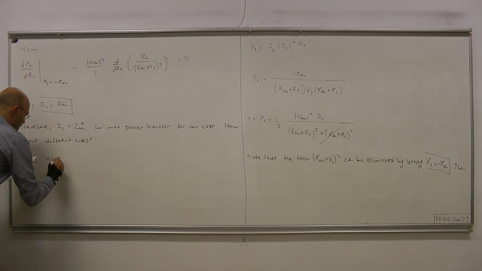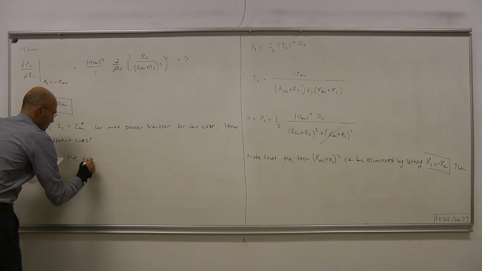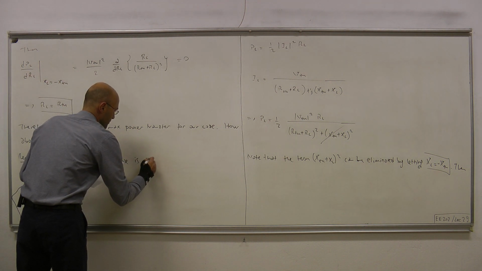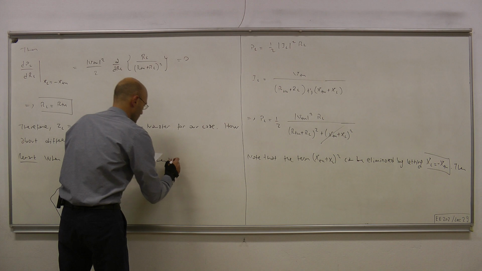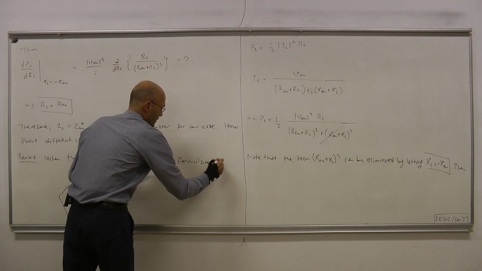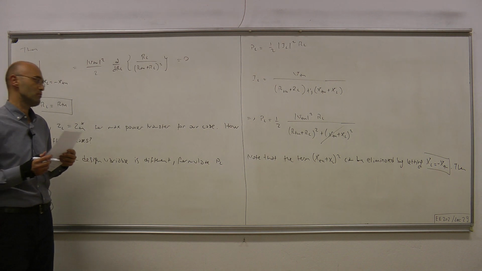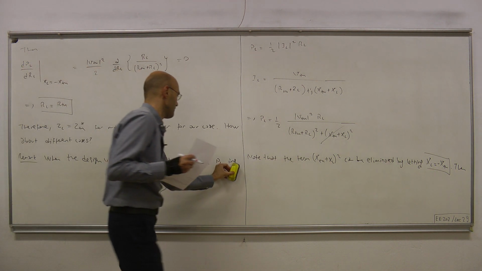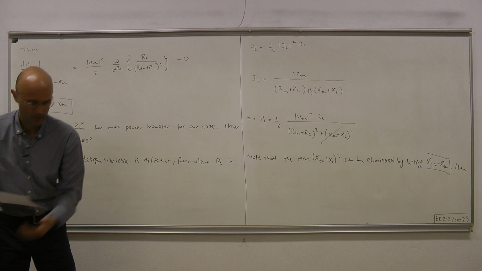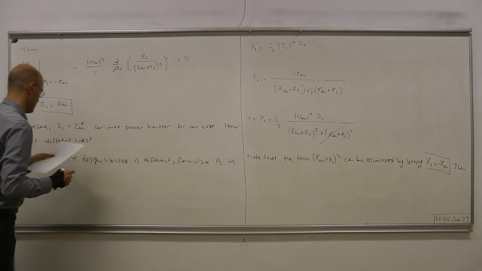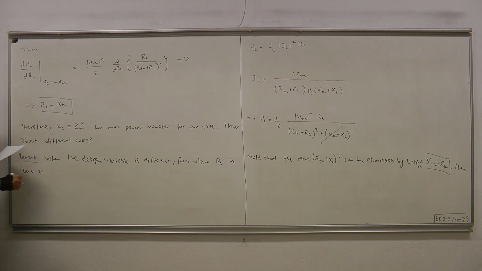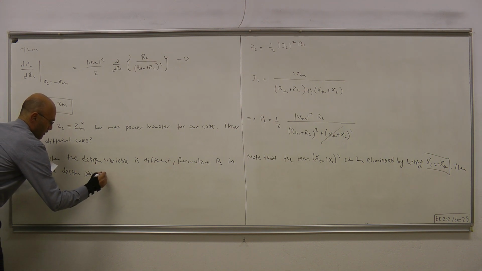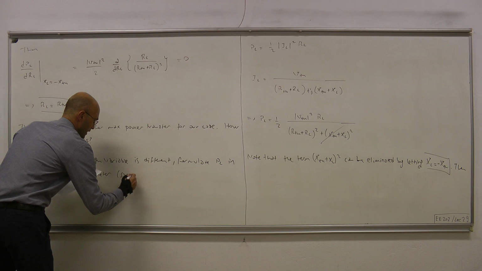When the design variable is different, what you do is you formulate PL, that's what we want to maximize, in terms of the design parameter, say alpha.